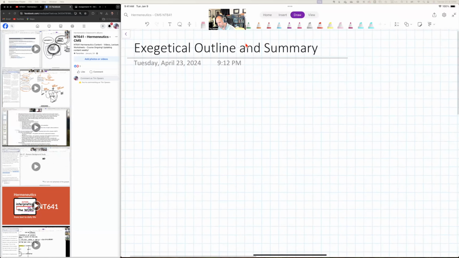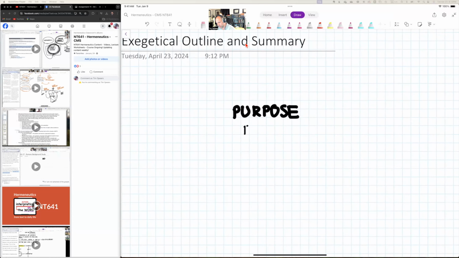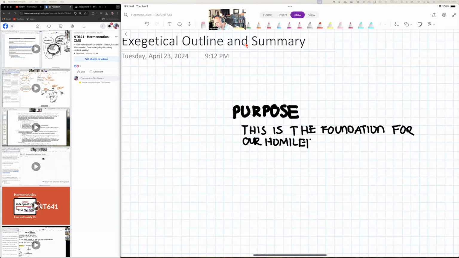The purpose of an exegetical outline and summary is this: our purpose is the foundation for our homiletical outline and proposition.